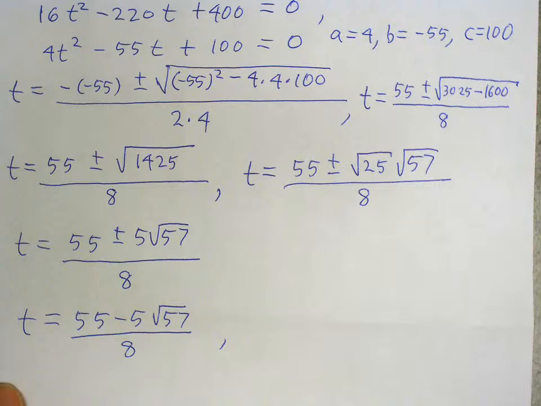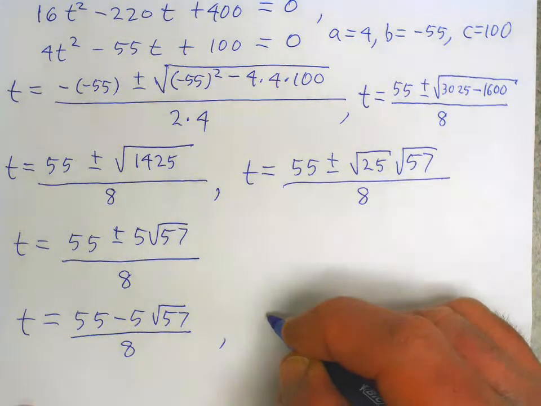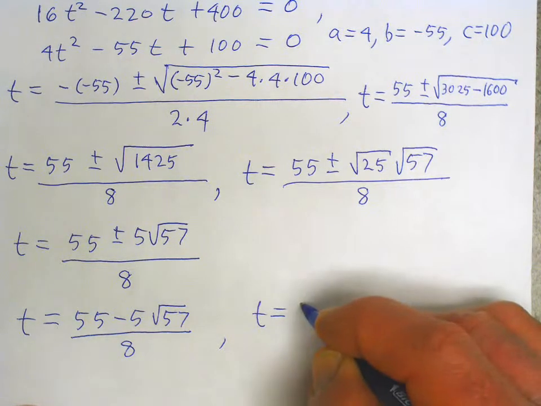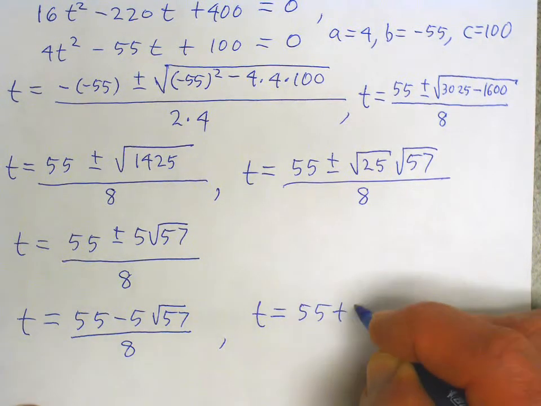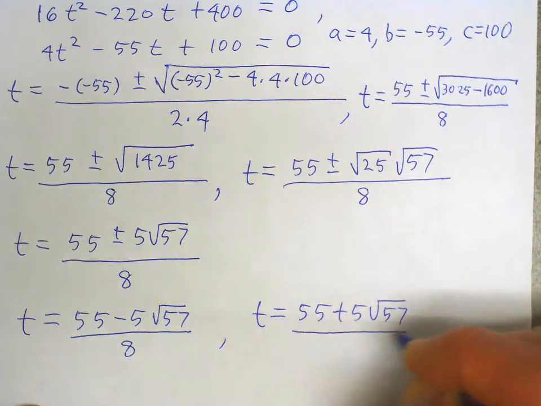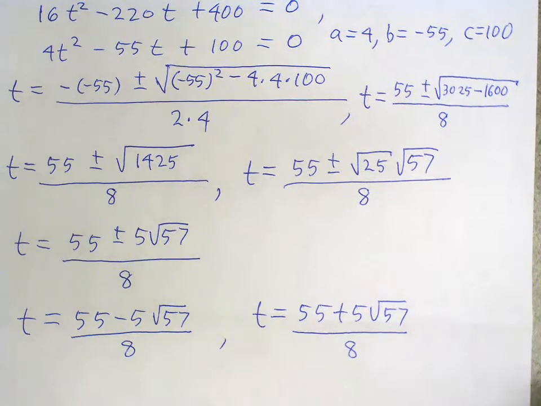And then a little bit later, on the way down, the arrow is at 400 feet again when time is equal to 55 plus 5 times the square root of 57, all divided by 8. So these are measured in seconds.